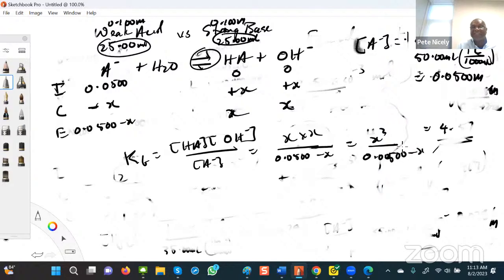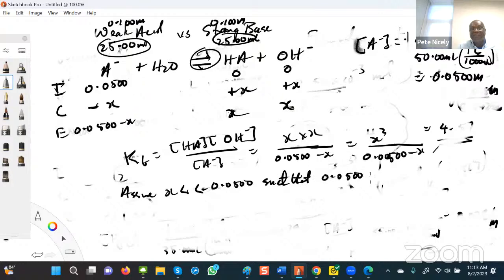And then if you remember what we did before, we assume that x is much smaller compared to 0.0500, such that 0.0500 minus x is approximately 0.0500.